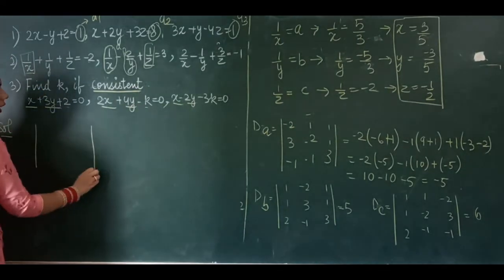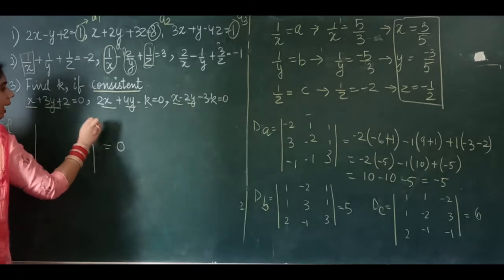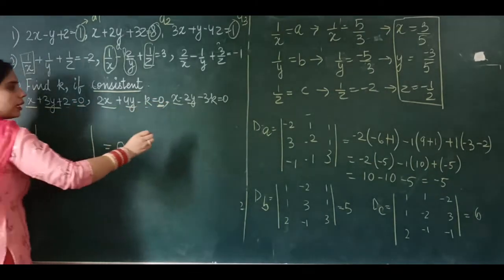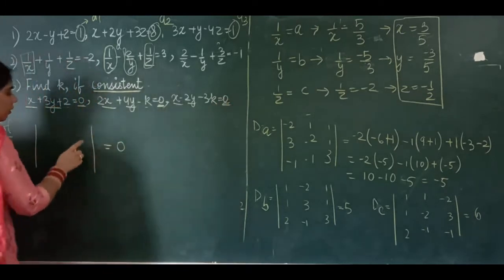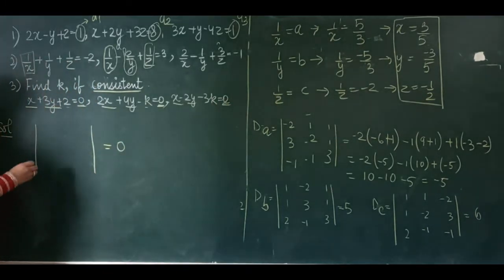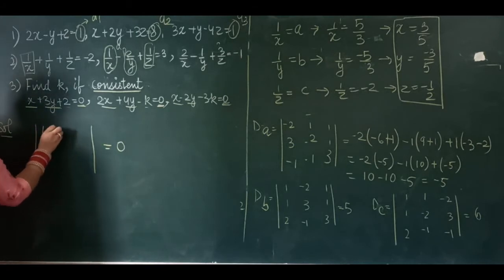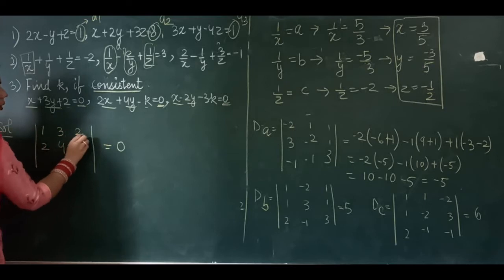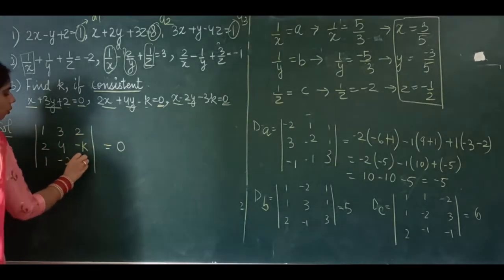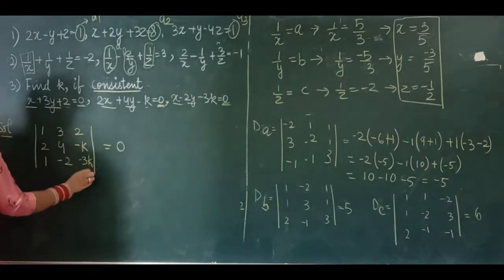And if they are consistent and the constants are equal to 0, then we simply write the determinant is equal to 0. So the determinant will be 1, 3, 2, 2, 4 minus k, 1 minus 2, minus 3.